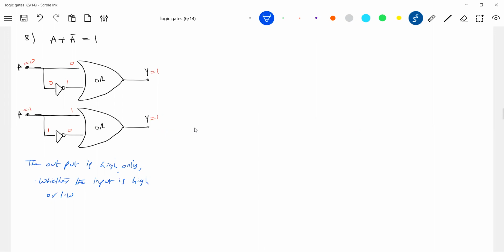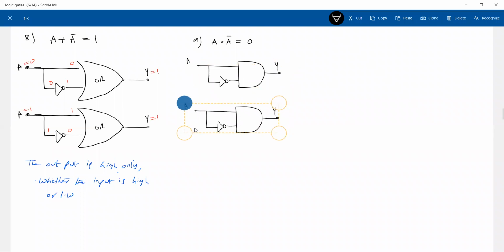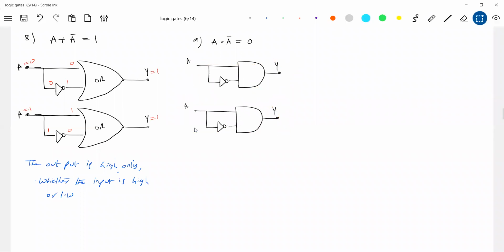And now similarly, we'll go for the negation. A dot A complement. There's an AND gate, no?